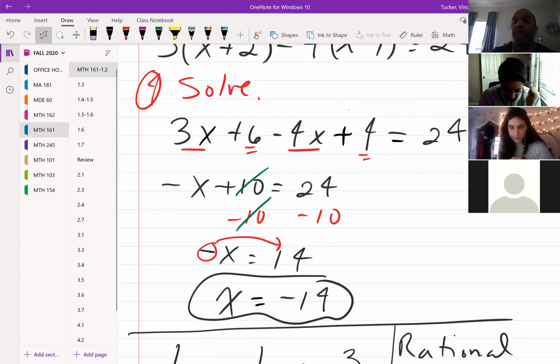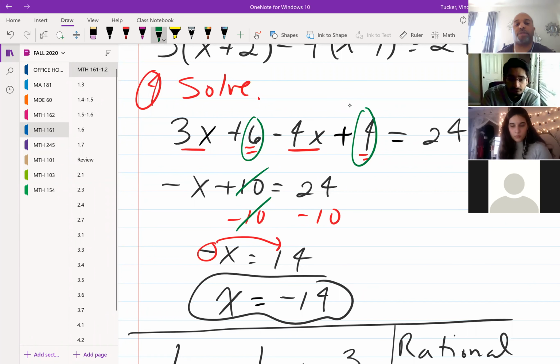All right, somebody in the chat asked where the 10 came from. The 10 came from the addition of 6 and 4. All right, 6 plus 4 gave us that 10 initially.